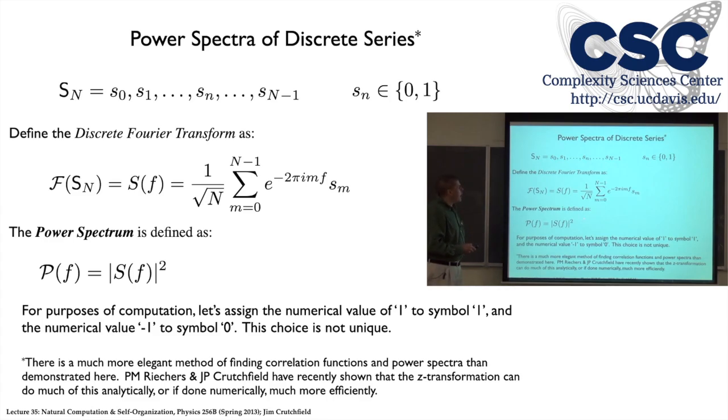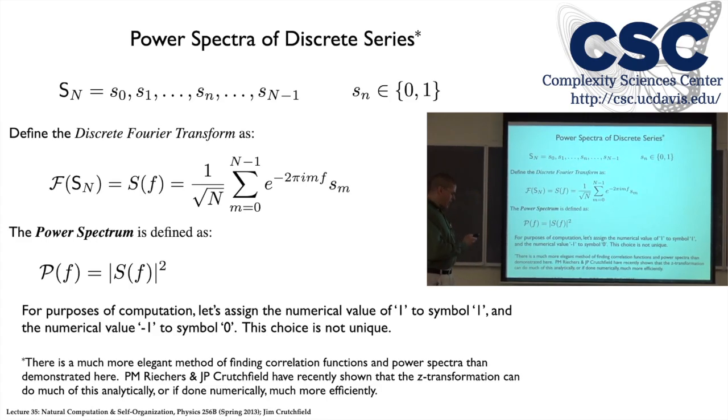And when I define the power spectrum, I just take the absolute square of this. You'll notice that since I've stuck an imaginary term in here, the Fourier transform of the sequence can in general be complex. But when I do this process right here, when I square it, I'm going to lose all of that phase information, is what we say, that's associated with this e to the i term.